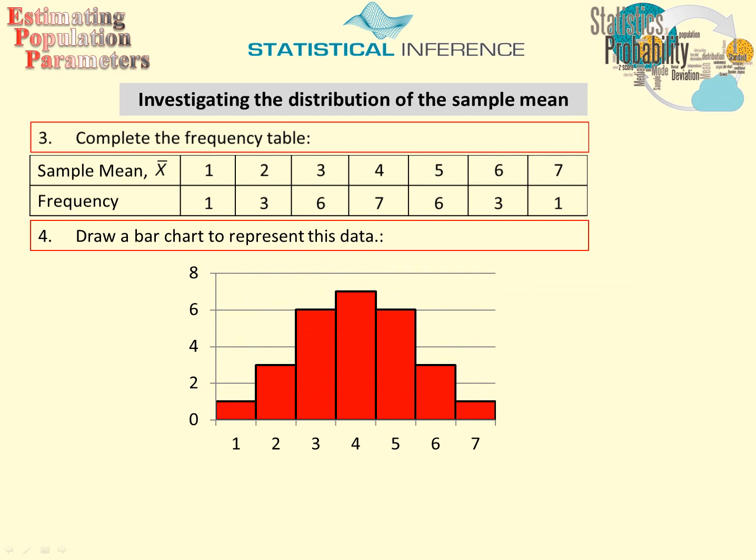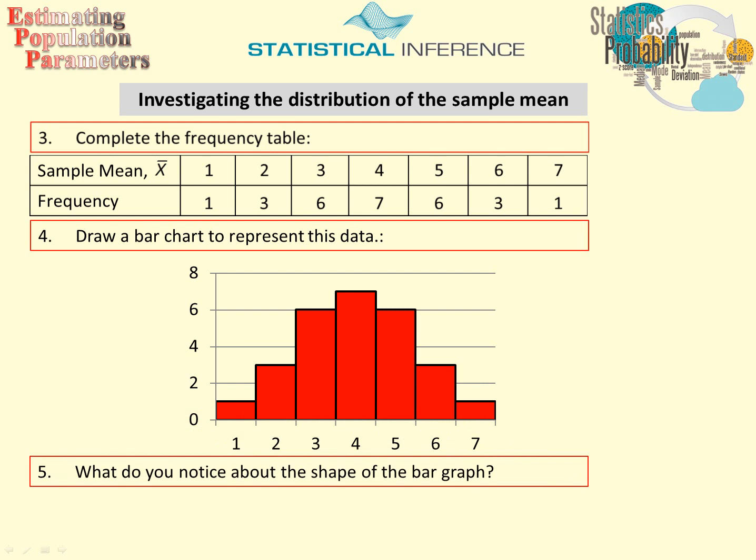Right, draw a bar chart of these means. There it is there. And you'll notice that they actually do form a shape. It's the normal distribution. So the sample means do form a normal distribution.